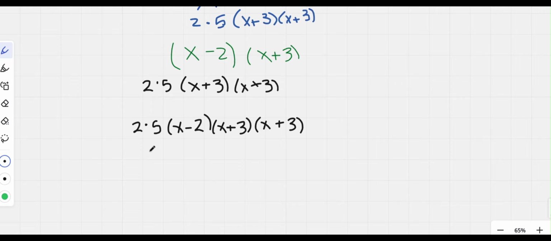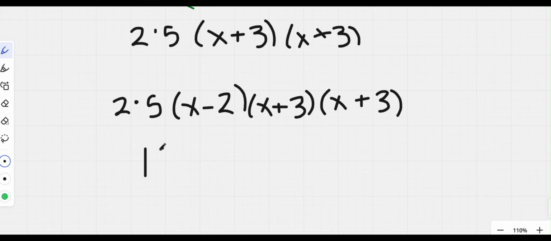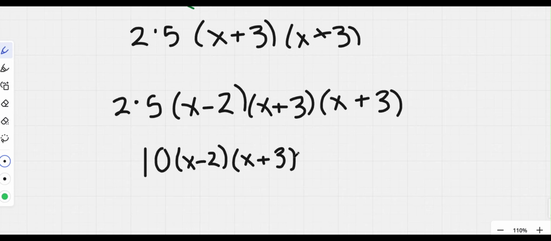And that's going to be our answer. We can simplify 2 times 5 and just rewrite that as 10, times x minus 2, close parentheses and open parentheses, x plus 3 to the second power is going to be our answer.